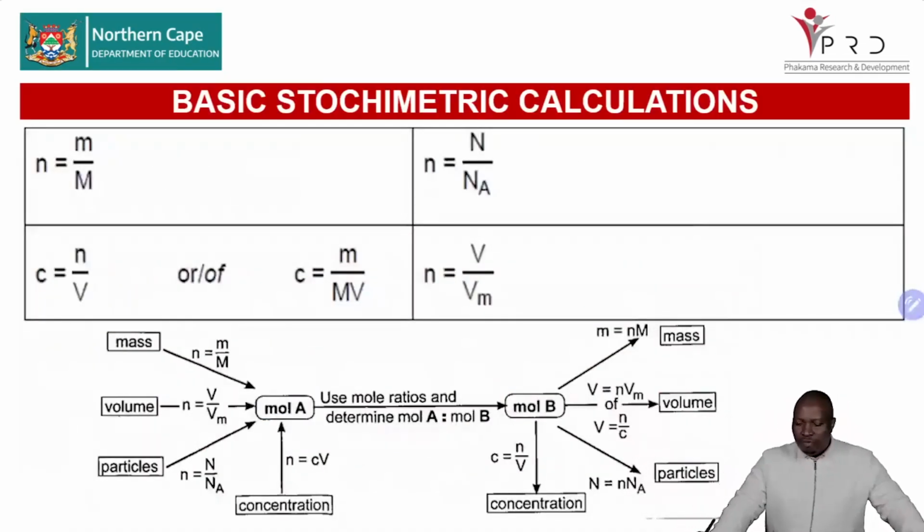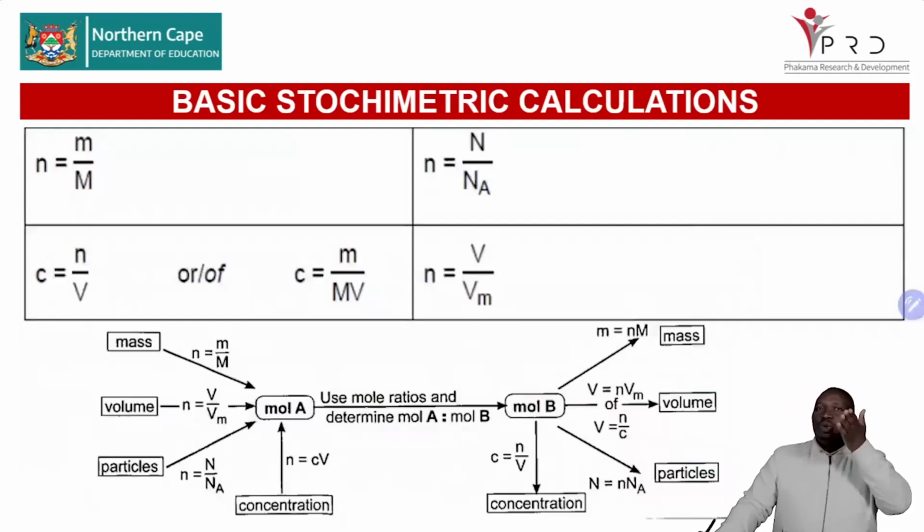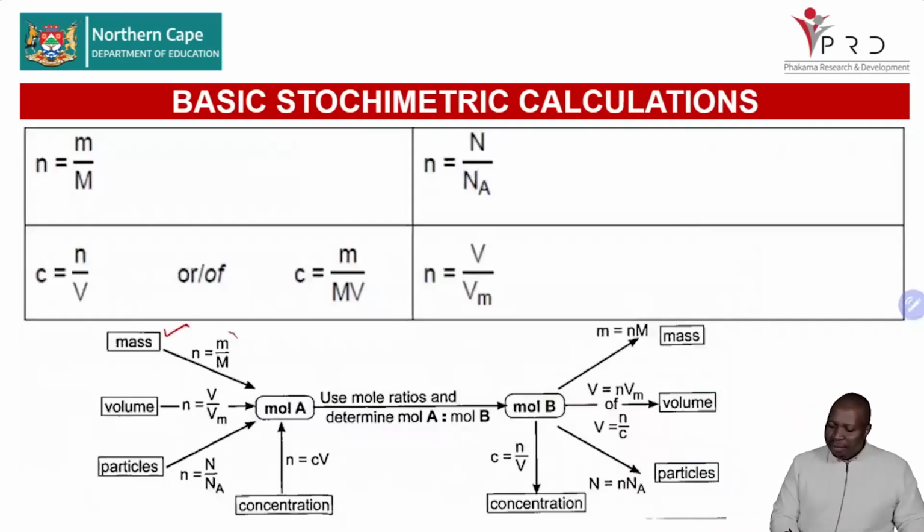Now, when I move, we look at the basic stoichiometric calculations, and this is very much important now, because learners lose marks in terms of this one. When I'm given mass, I must be able to calculate the number of moles. That is the simple task that we are asking of you.